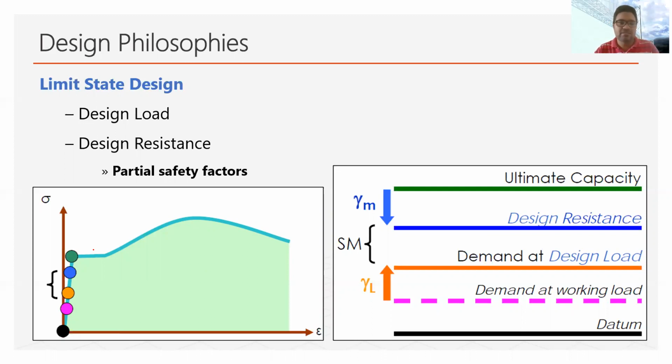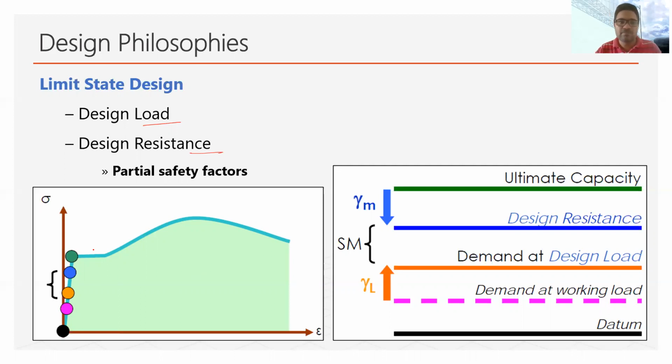And that is why there are new concepts which I will be discussing. There is the concept of design load and another concept of design resistance. These two values, design load and design resistance, are related to characteristic load and characteristic resistance or strength.